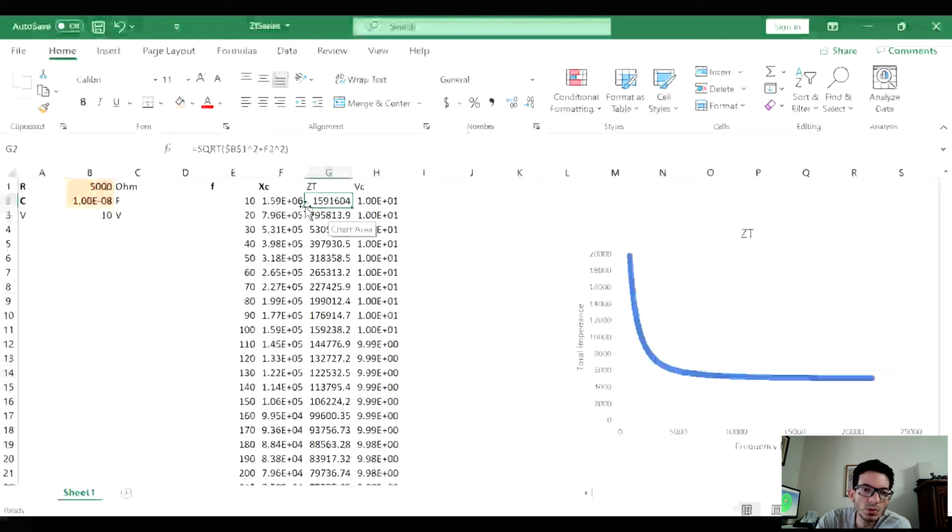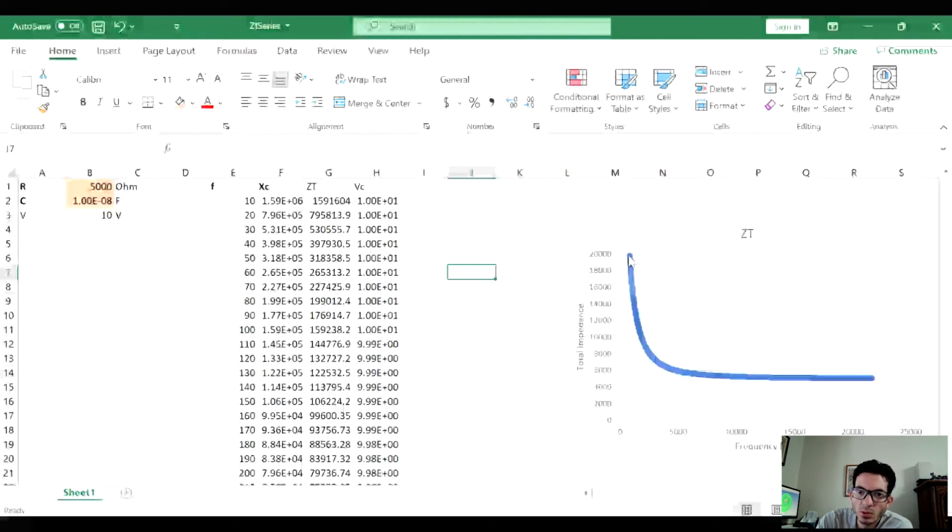If you plot frequency versus total impedance, you notice that it's going to start converging to 5,000 ohms, not hertz. Hertz is my x-axis, ohms is my vertical axis, my y-axis.